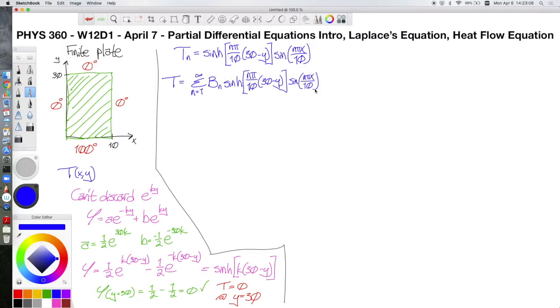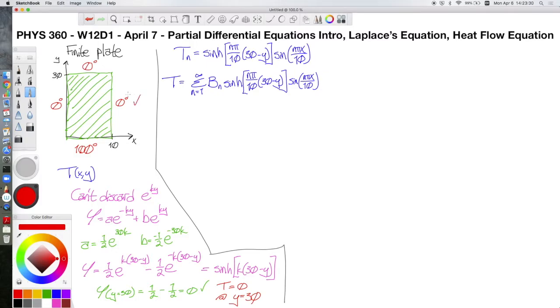So I am using capital Bn here for a reason that will become apparent in a second. It will turn out that this coefficient Bn is not exactly the same as our Fourier series coefficient. So the only boundary condition we've left to satisfy is the bottom side of the plate.